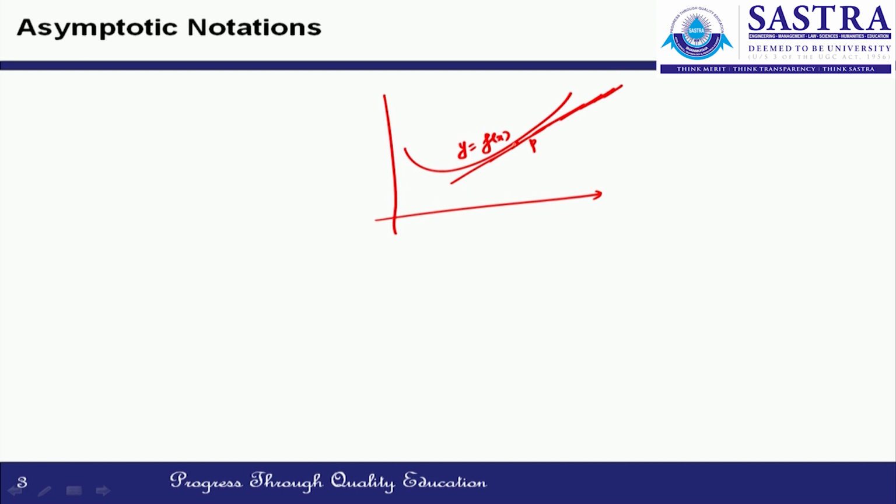Suppose a straight line coincides with the curve y is equal to f of x at this point P, then clearly this P is the point that meets the curve y is equal to f of x. So this straight line is said to be the tangent to the curve y is equal to f of x.